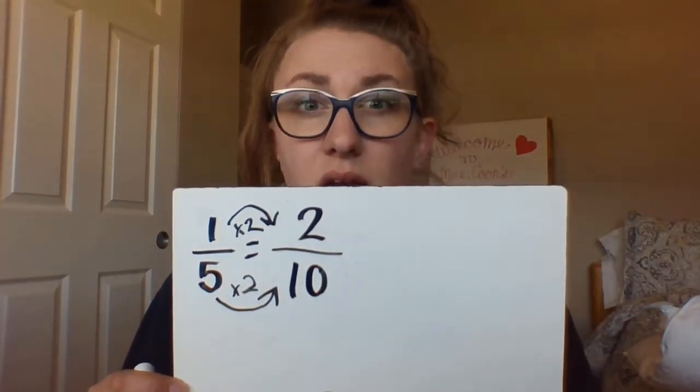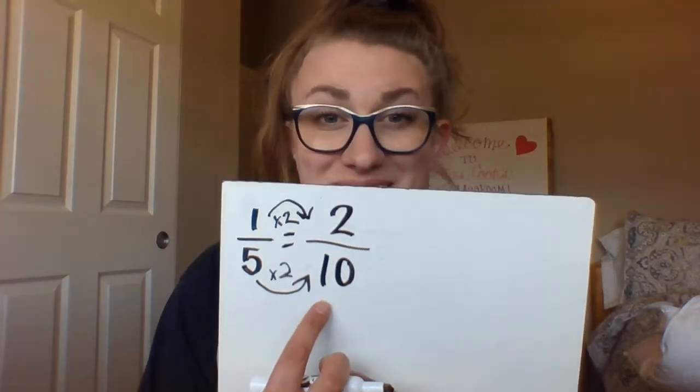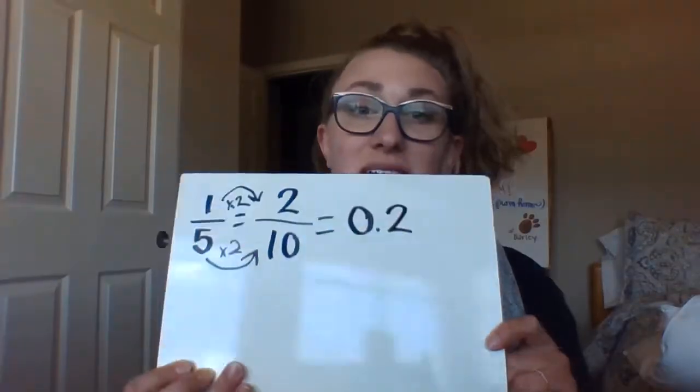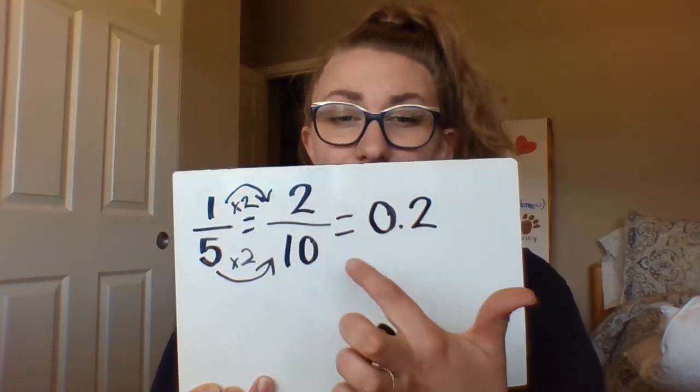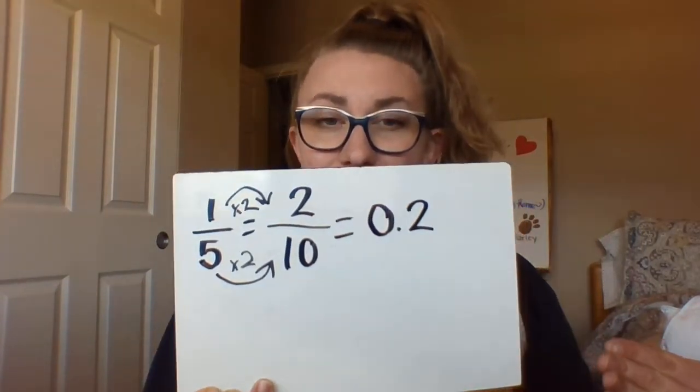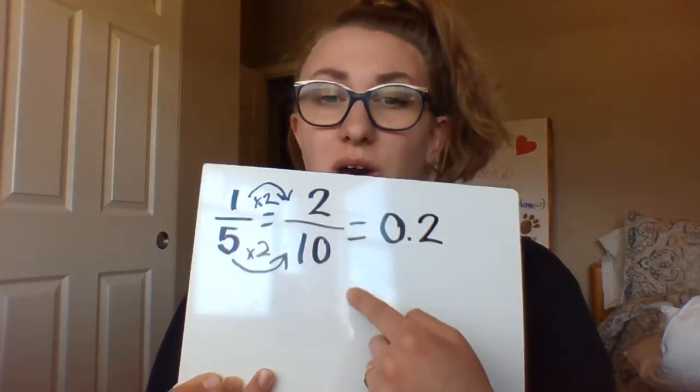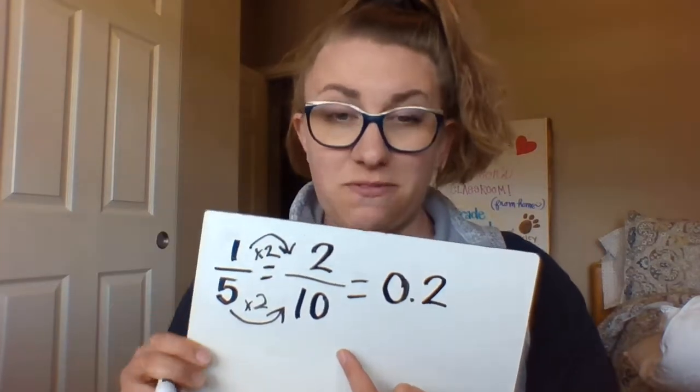I can turn this into a decimal way easier now because I know tenths really well in my head. So my 2/10 as a decimal, you should write this down, is 0.2. These are all the same. And I was able to quickly go into tenths because I know my facts there.